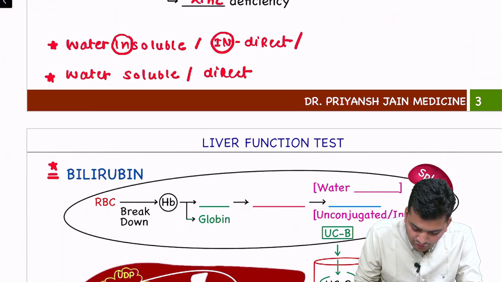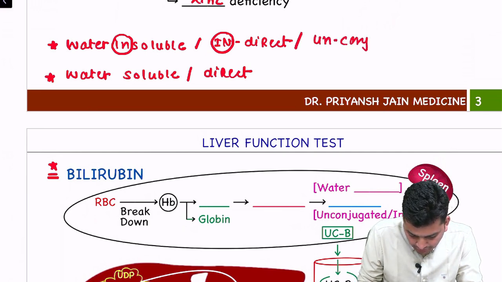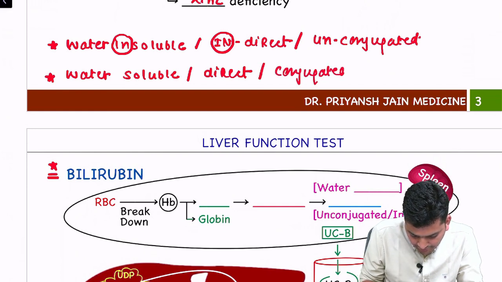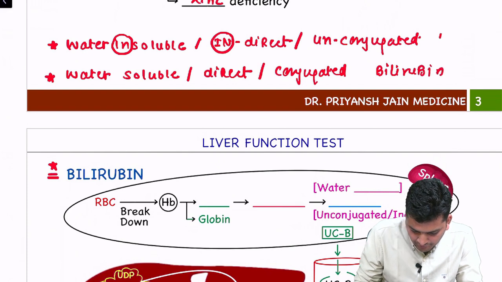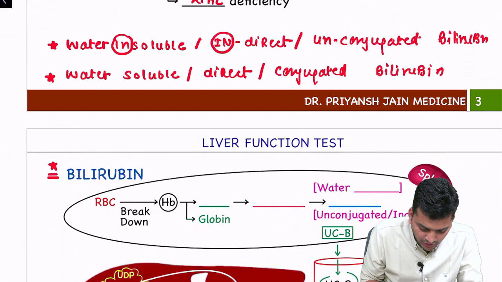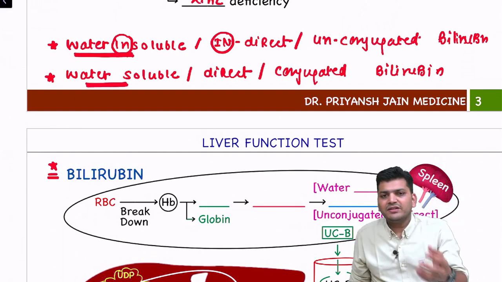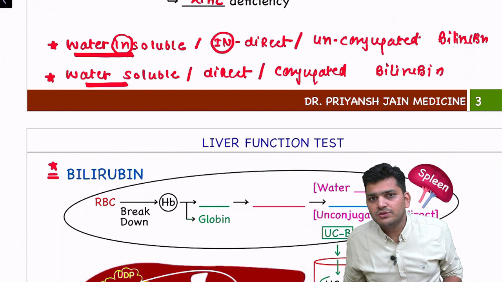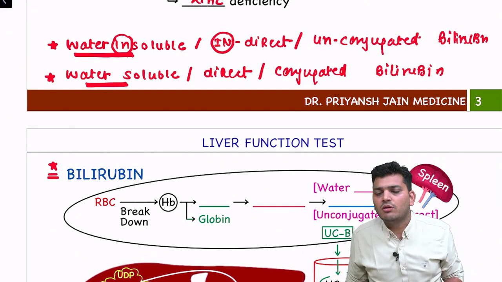This indirect is also called unconjugated bilirubin, and this is called conjugated. Why water insoluble is also called unconjugated, or why water soluble is called conjugated, you will understand in a while.